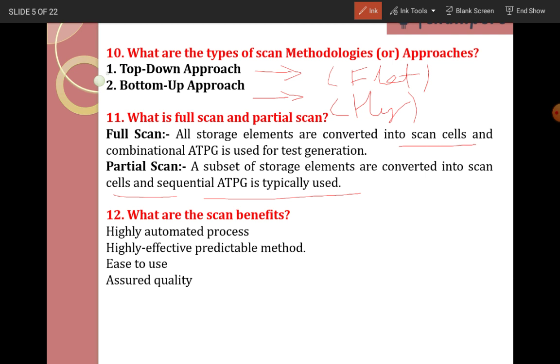Next one, what are the benefits of scan, or what are the advantages of scan design? Here, it is a highly automated process. We have a do file, so if you make small changes, you can run the entire design one more time.